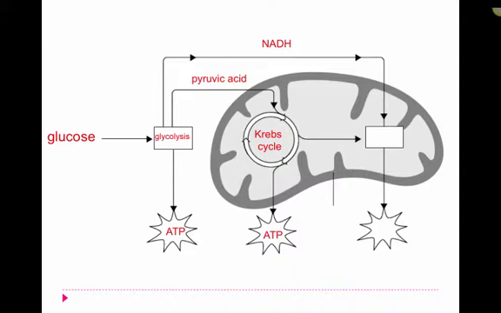As a result of the Krebs cycle, I'm going to get ATP. In addition, glycolysis forms NADH. NADH is going to go into my electron transport chain. The NADH and FADH2 that's produced from the Krebs cycle is also going to go into my electron transport chain. As a result of my ETC, or electron transport chain, I'm also going to get ATP.